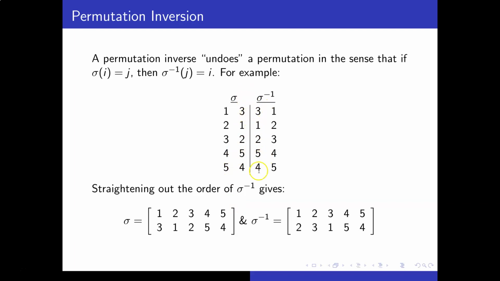So I'm going to take this information and unscramble it, as it were. So I write 1, 2, 3, 4, 5, and then I tell where each element goes. So 1 goes to 2, 2 goes to 3, 3 goes to 1, and then 4 goes to 5, and 5 goes to 4.